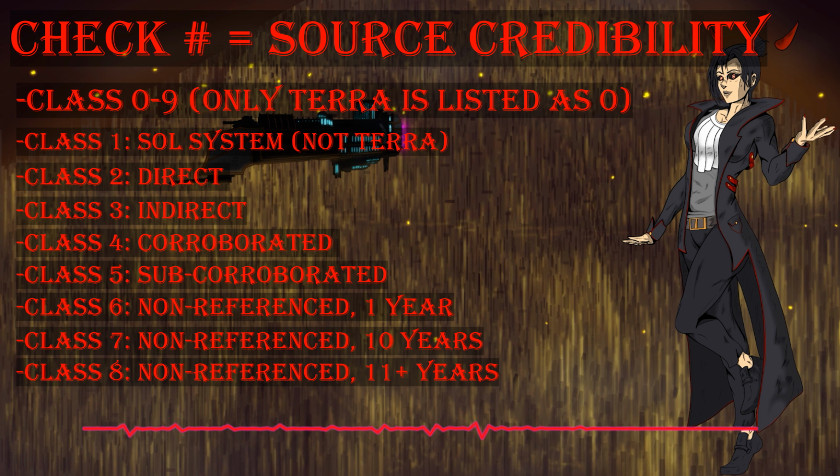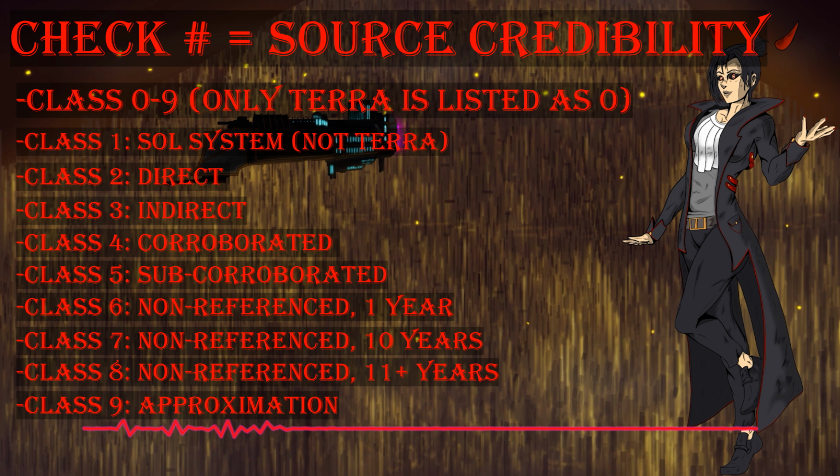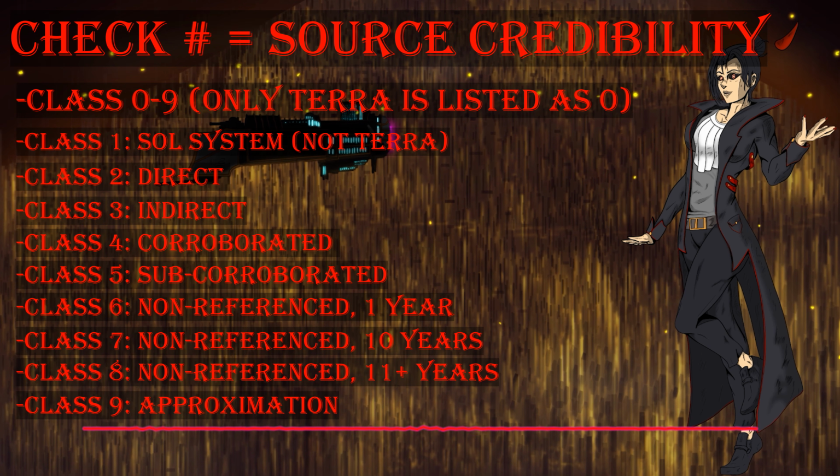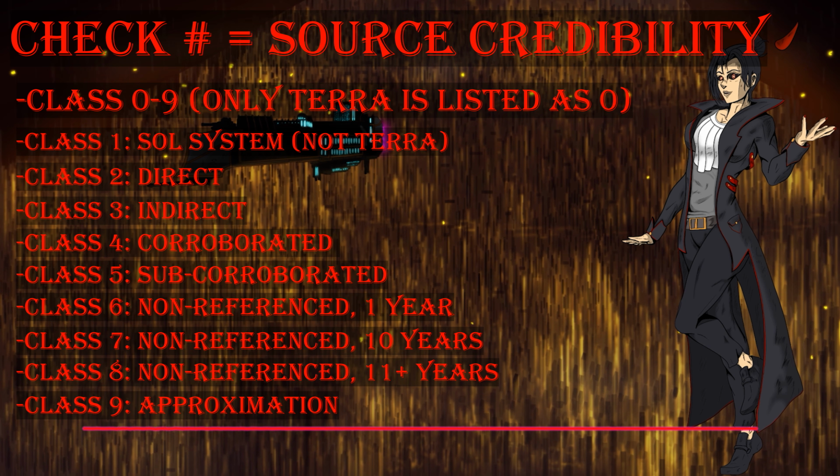These are a lot more common than the Imperium would like to admit. Class 9 is just straight up guessing. Approximation. Basically, a planet has either been isolated for so long that it developed its own calendar, or it lost track of time and it literally has to make an educated guess as to what the date for an event is. This is also more common than the Imperium wants to admit.